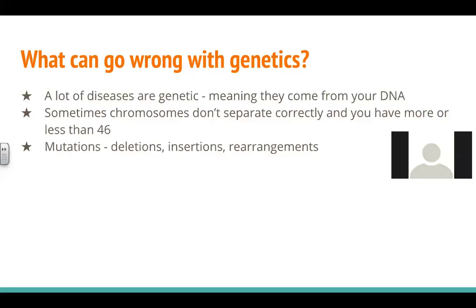In a few cases, though, you can still survive, which we'll look at one in a second. There can also be tons of mutations, right? There can be deletions, there can be insertions, there can be rearrangements of the chromosomes that could result in something going wrong. A lot of times mutations actually do nothing, right? They're called null mutations, N-U-L-L. They don't actually matter, right? But a lot of times they do matter.